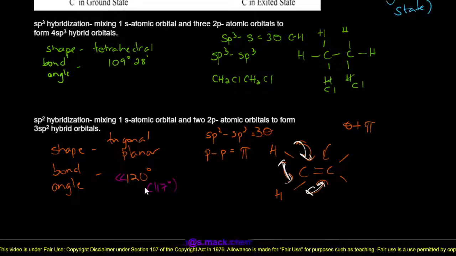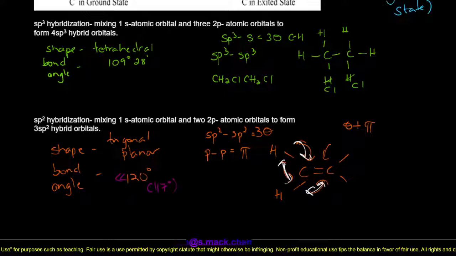However, the general shape of ethene lends itself to trigonal planar, where our bond angle may not be exactly 120, but slightly less, given that the pi electrons, or that pi bond, that high electron density in that pi bond is going to cause a little more repulsion among the bond pairs to create a bond angle of a little less than 120 degrees.